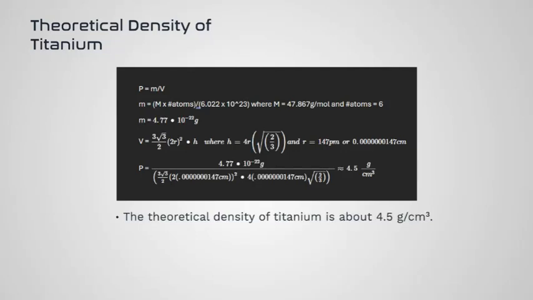Then using the volume that we found for the hexagonal prism, we plug in our values, and the density is 4.77 times 10 to the negative 22nd grams over that volume value, plugging in the radius, and that is found to equal 4.5 grams per centimeter cubed.